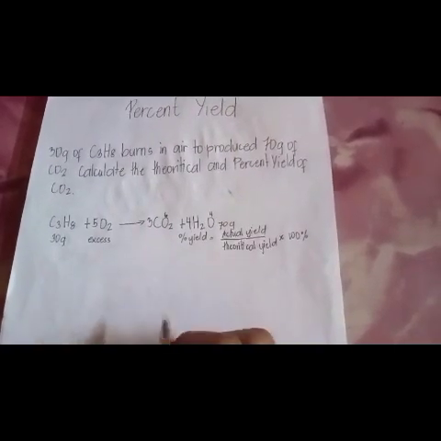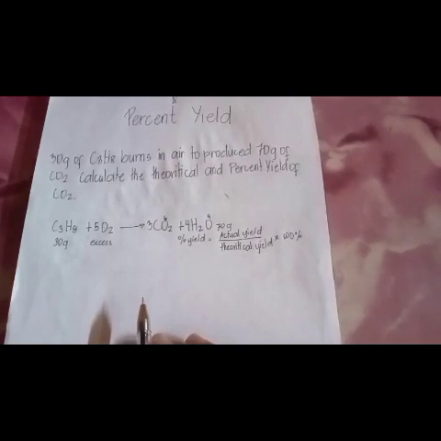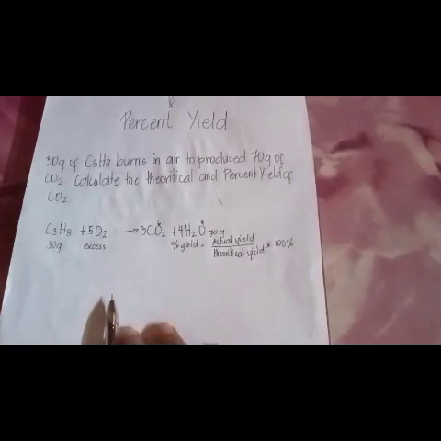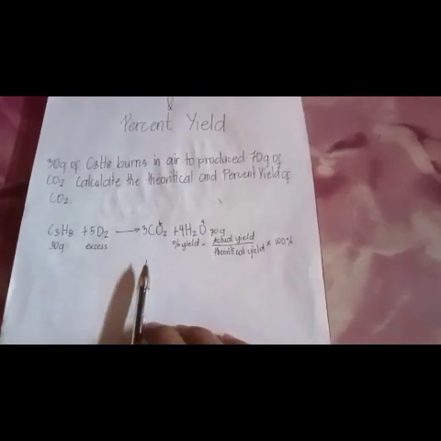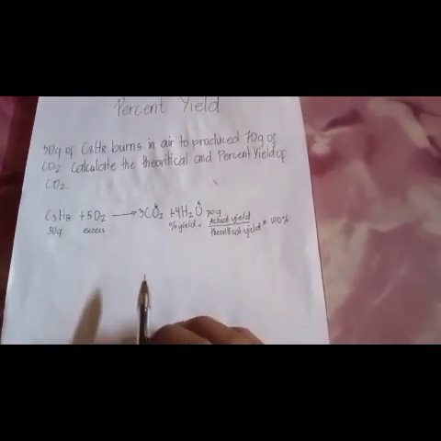The actual yield is usually given to you in a problem, unless they want you to solve for it. And the theoretical yield is usually the grams of product. So you see how we want to find the percent yield of CO2. That means we need to use the actual yield of CO2.